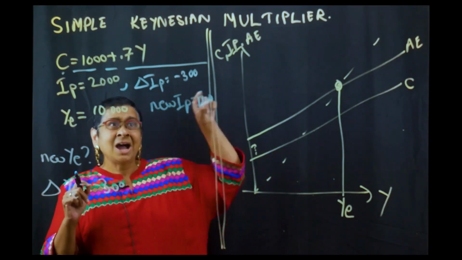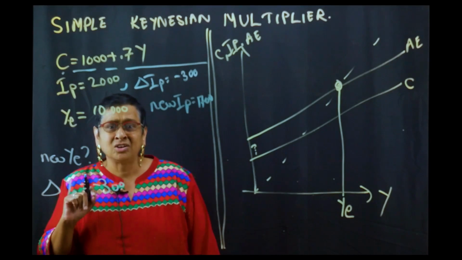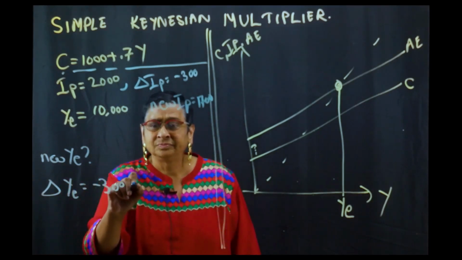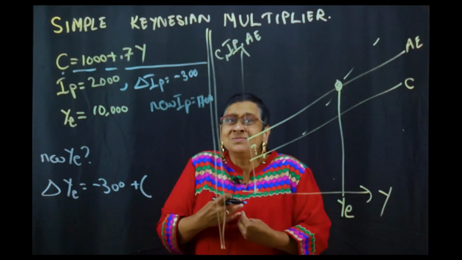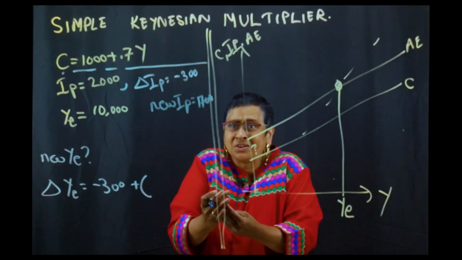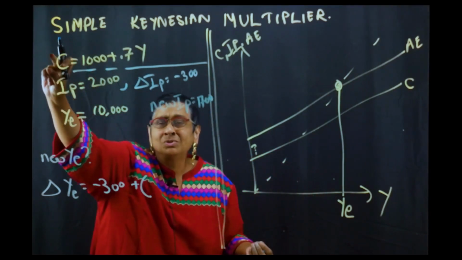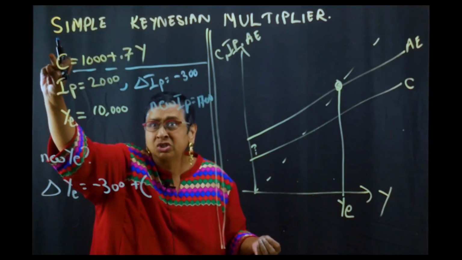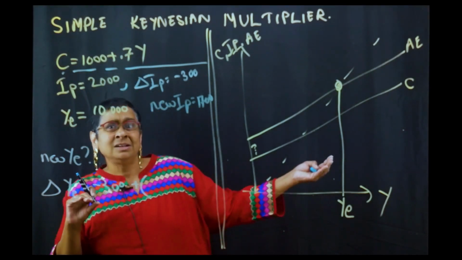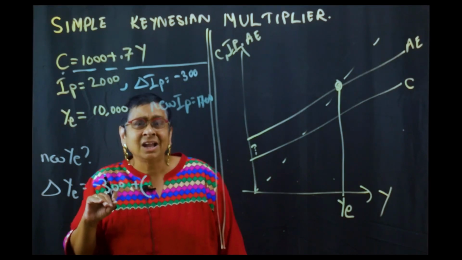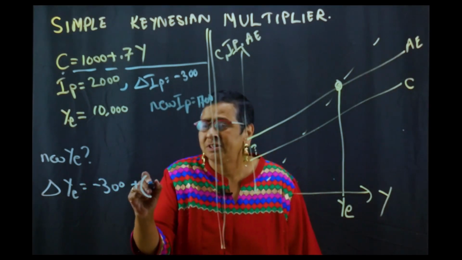But here's the key. If I ended up spending 300 less, somebody else's income went down by 300, and when their income goes down by 300, they cut back on consumption. How much? I know how much: 0.7 of that. So somebody else, their income went down by 300, they cut down by 0.7 of 300, which is 210.